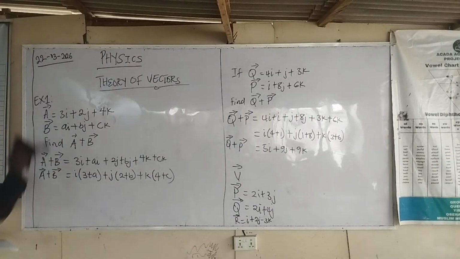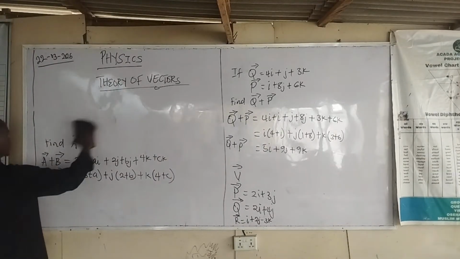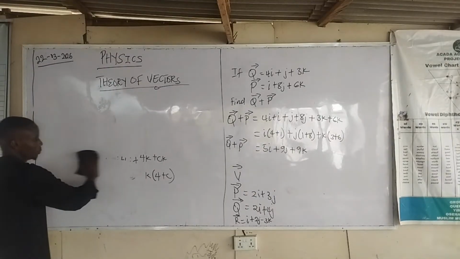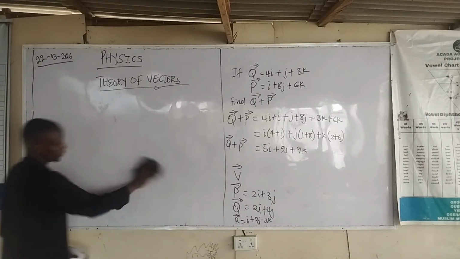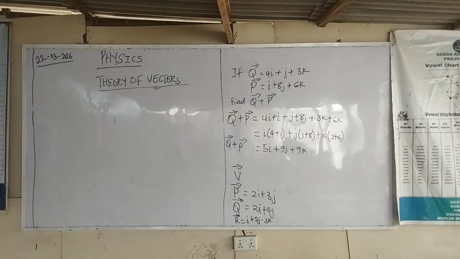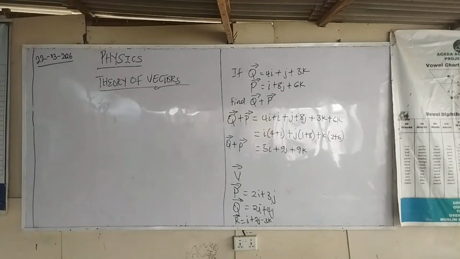Say what vector v must be added to p and q to give resultant vector r.